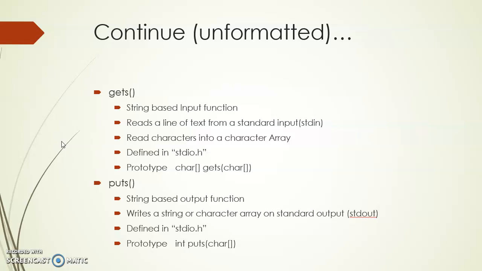Okay. As an argument, we will see in the next example programs, not only variables, we can pass a constant string or a fixed sentence, fixed lines of text as the argument to this function.